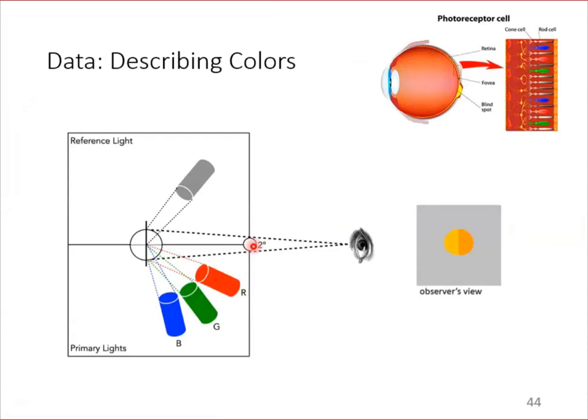So they restricted the observer to see a very narrow area, almost the size of our fovea region, the region containing the most cone cells.